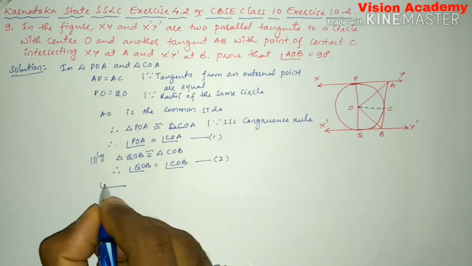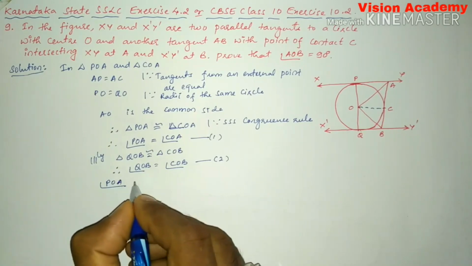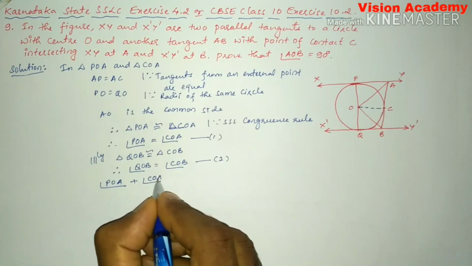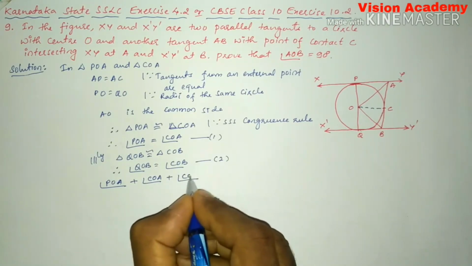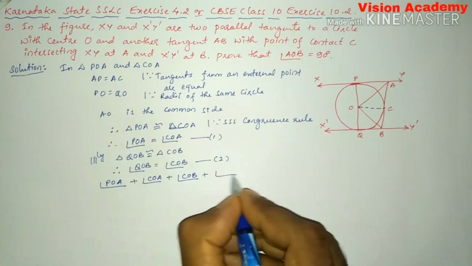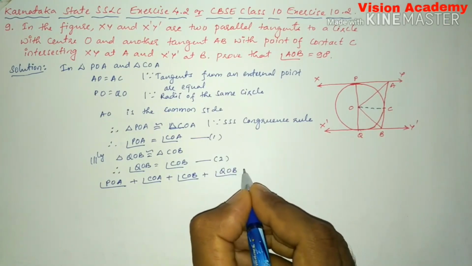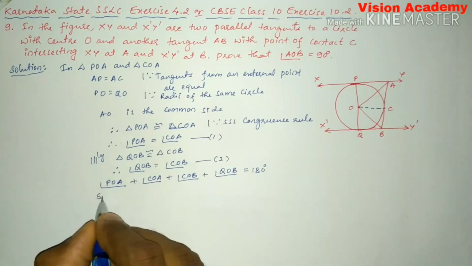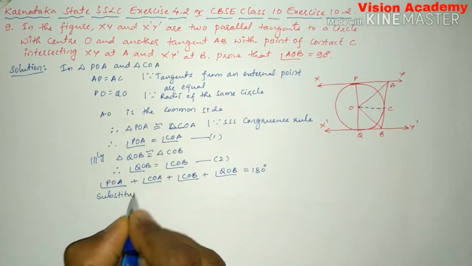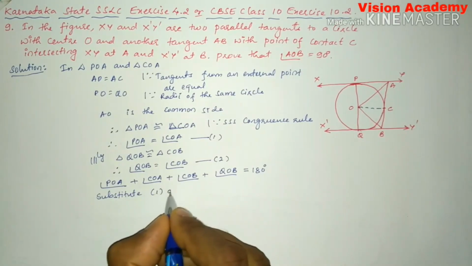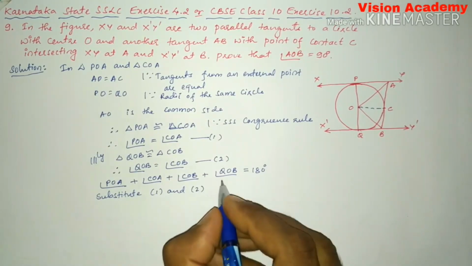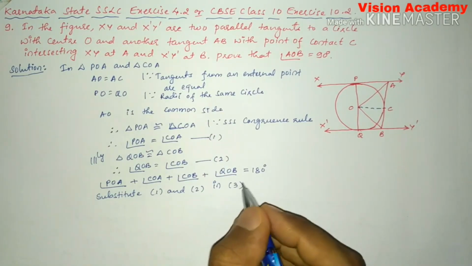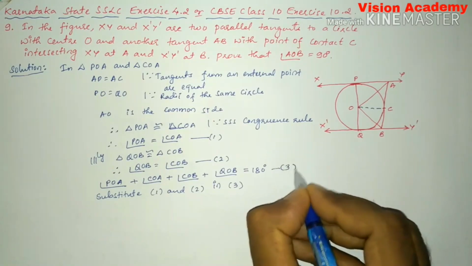Let us write angle POA added with angle COA added with angle COB added with angle QOB, which is equal to 180 degree. Now let us consider this one as 3. Now substitute 1 and 2 in equation 3.